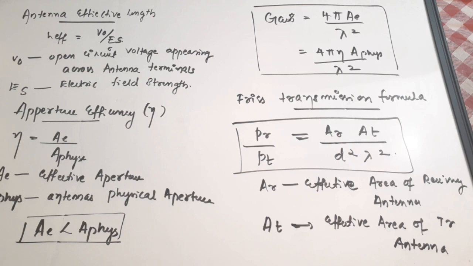Gain is very important, received power is very important, directivity is important, and I've seen questions asking for directivity in terms of half power beam width. That is, the half power beam width will be given to you and you need to find the directivity. You may get confused about what the equation is, so for that you have to use the formula which we explained a little earlier. So these are the very important equations in antenna theory.